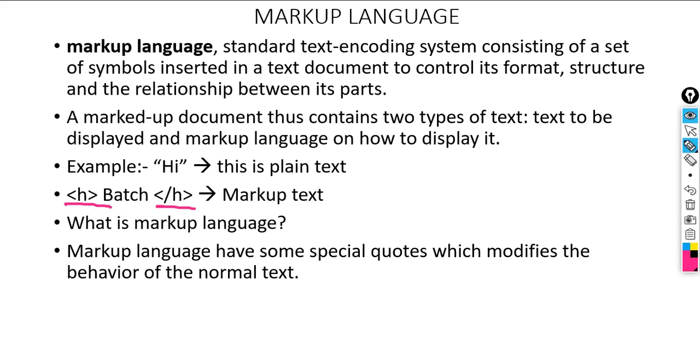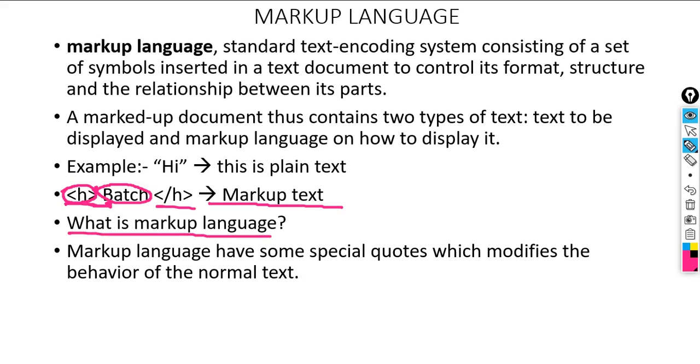This hi is plain text, but this is markup language. So markup language will provide behavior to this plain text. So this is marked up text now. What is markup language?